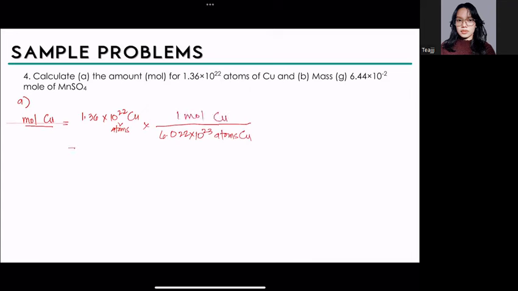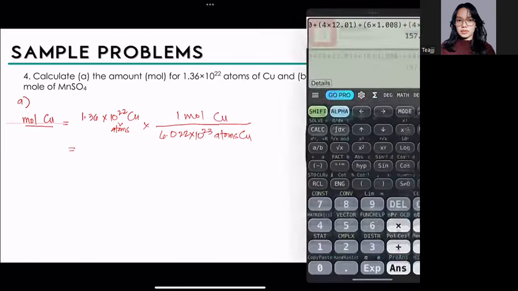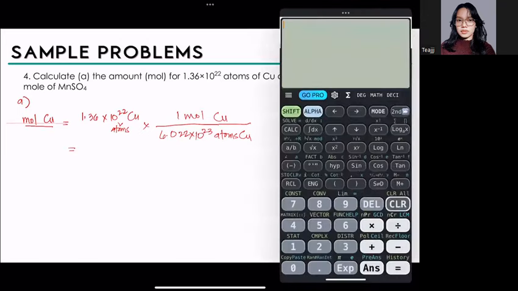So we're just gonna put that in the calculator. We have 1.36 times 10 to the 22 over 6.022 times 10 to the 23. So you'll have 2.26 times 10 to the negative 2 moles of copper.